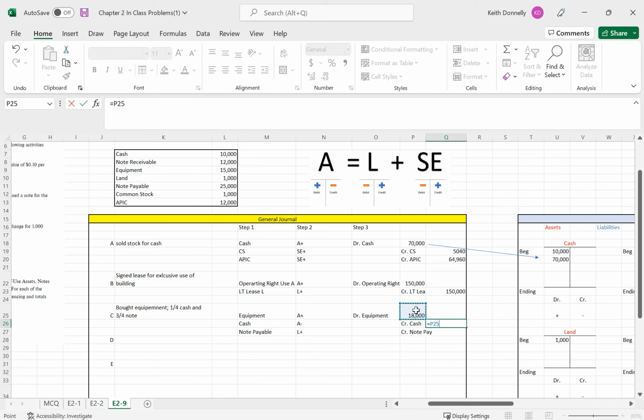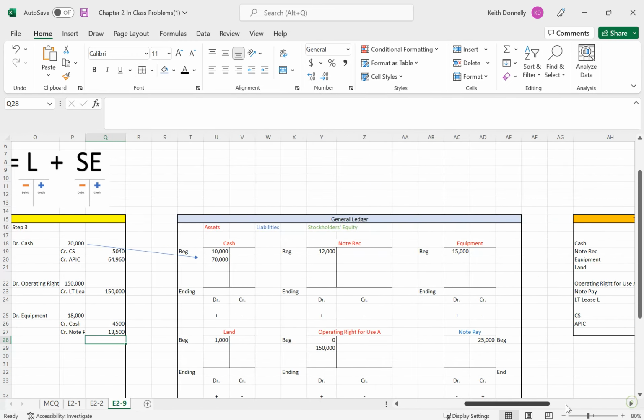Cash is going to be the 18,000 times 1/4, right? 4,500. Now we could plug the note payable to make it balance. You could do 18,000 minus the 4,500. That's great. Or you could do the 18,000 times 3/4. Gets you to the same spot, right? Let's carry these over now.